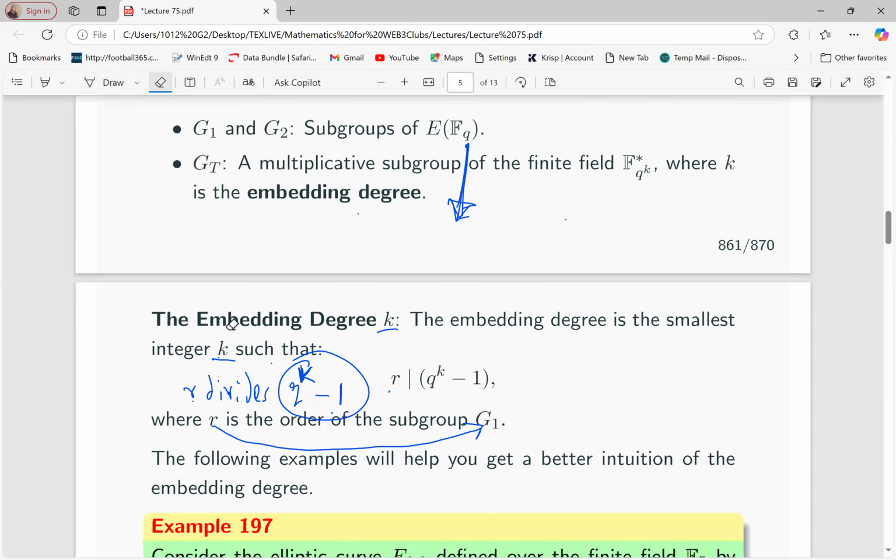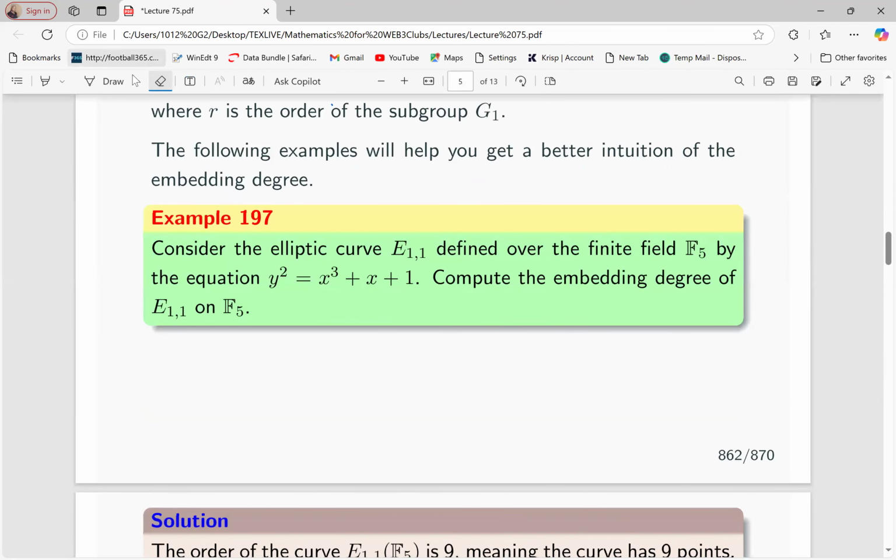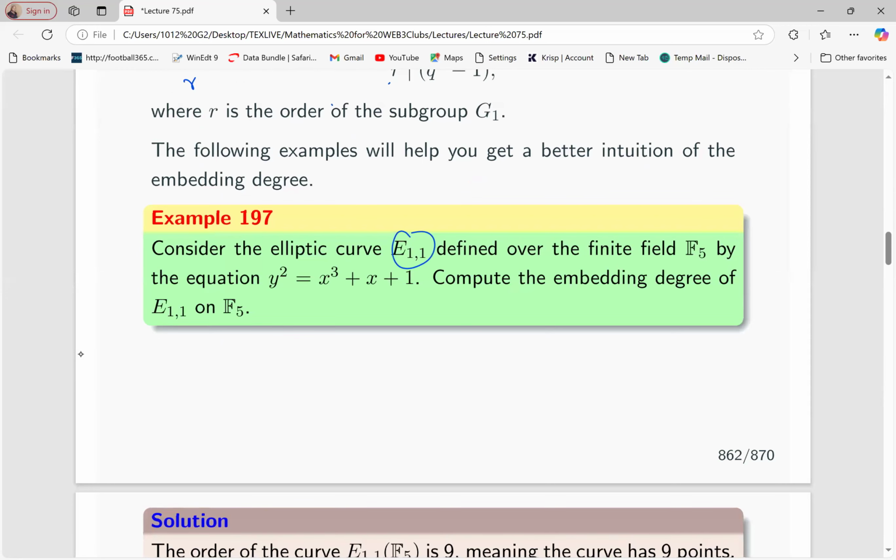Now, that smallest integer that allows R to divide what is on the right-hand side is what we call the embedding degree. So let's look at the following example. We are given this elliptic curve, and once you are given that, you must know what the elliptic curve is. I talked about this last time.